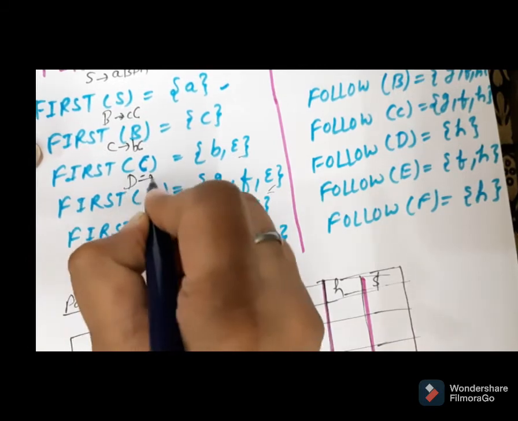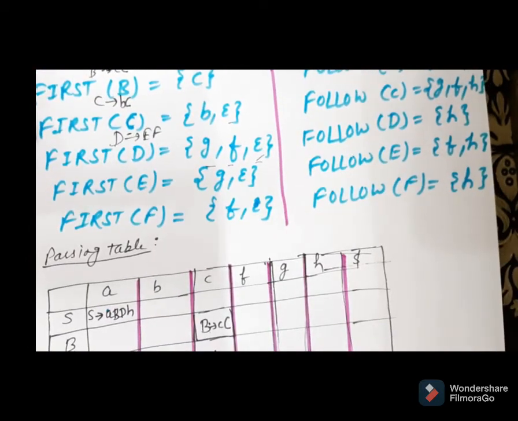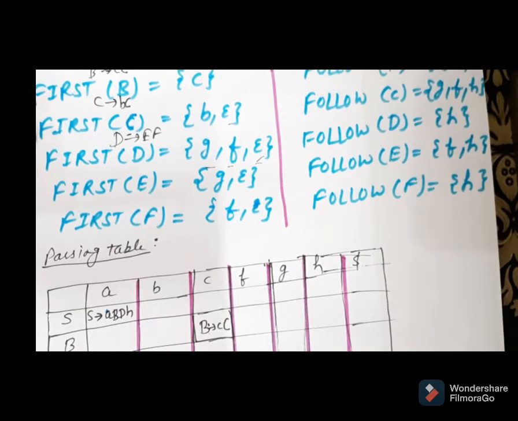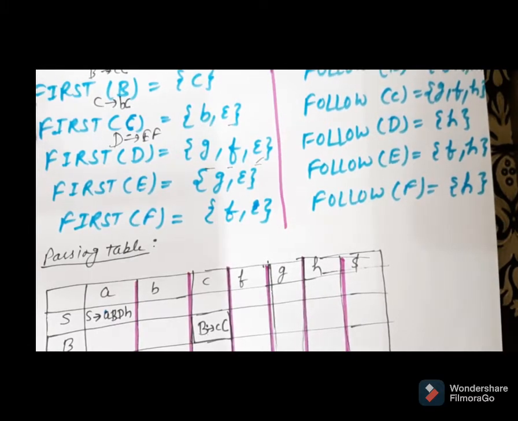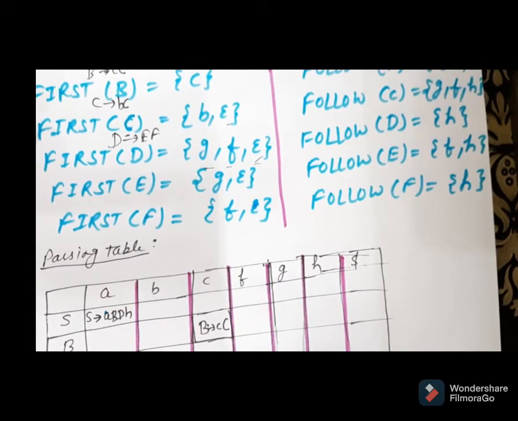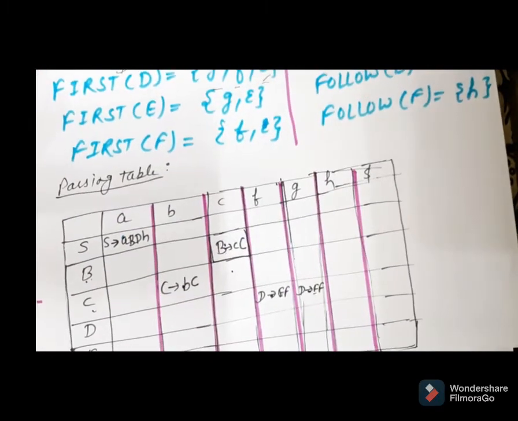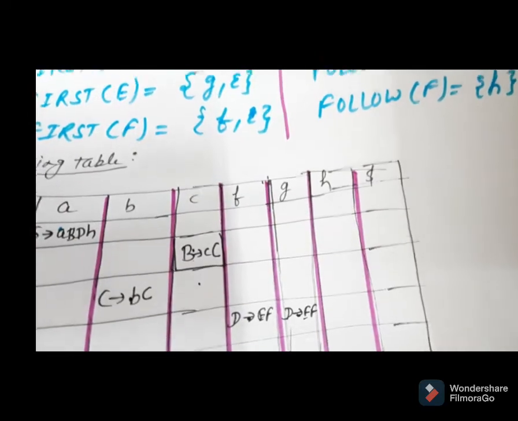D tends to E, F, this production. So D tends to E, F means G is here, and F is here. Then I will fill these two with the production D tends to E, F and D tends to E, F. So these are the entries for the first. D tends to E, F, D tends to E, F.